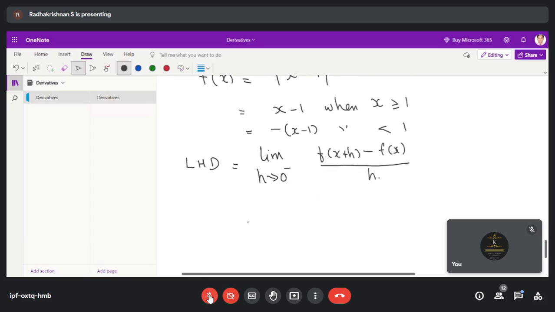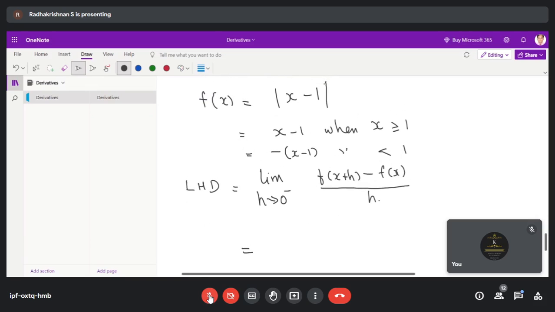So this will be equal to, since it is on the left hand side, it is going to be minus, right?